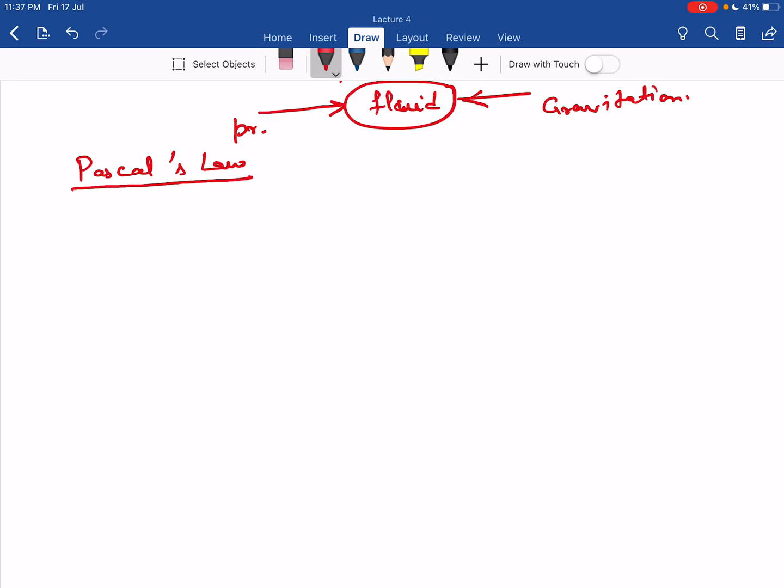So now to derive this law or to give the statement of this law, we consider a wedge-shaped fluid element.